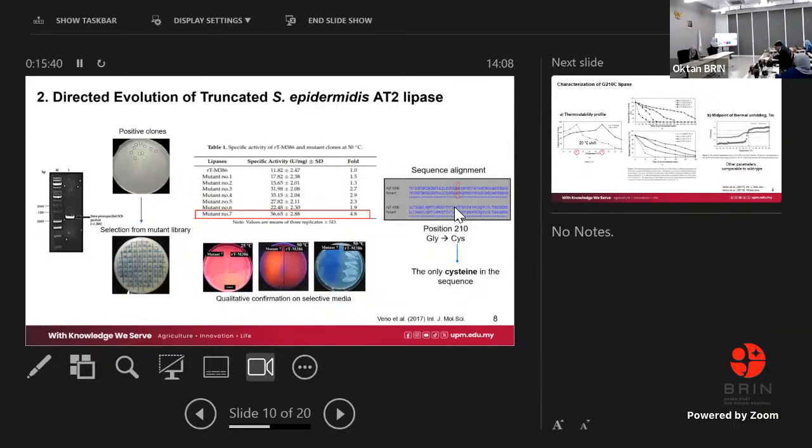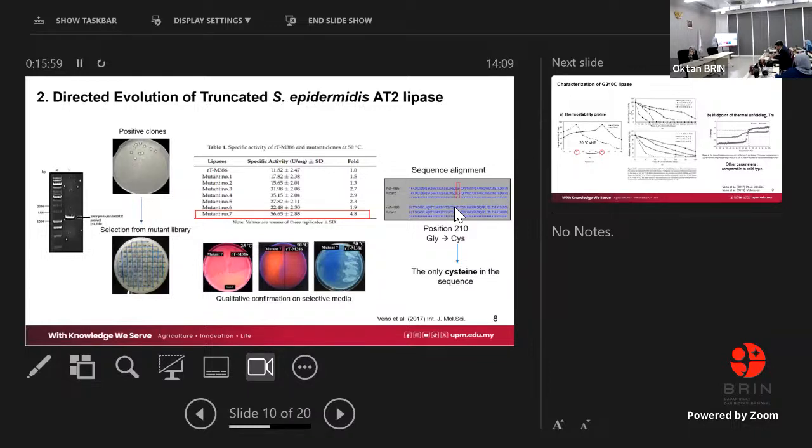We did screening, selected from the mutant library, and did the expression at 50 degrees. We managed to get one mutant with a 4.84-fold increase in activity at 50 degrees.